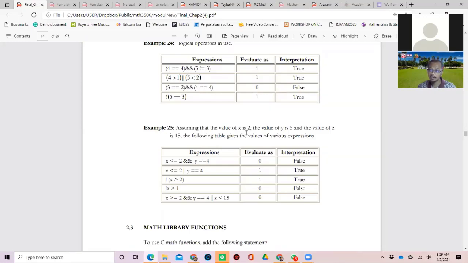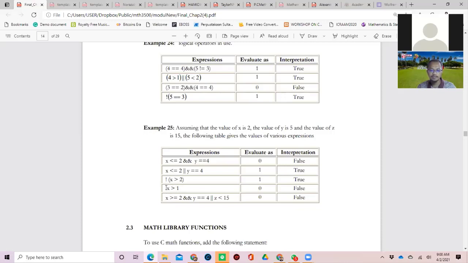So the logic value, not the value of the variable. Let's say the value of x is 2, that is the value of the variable, not the value of logic. So you have to carefully understand the concept of variable value and logic value. When we come out with an expression involving a logic operator, then we need to consider the logic value.